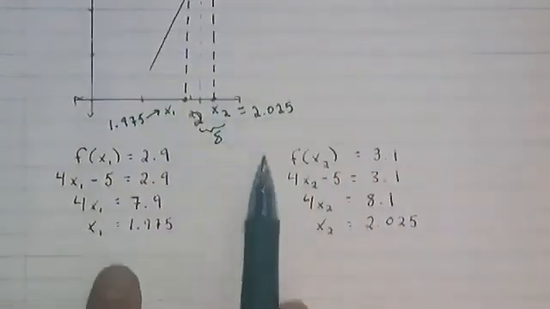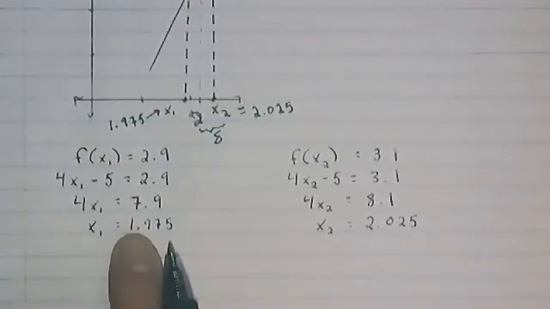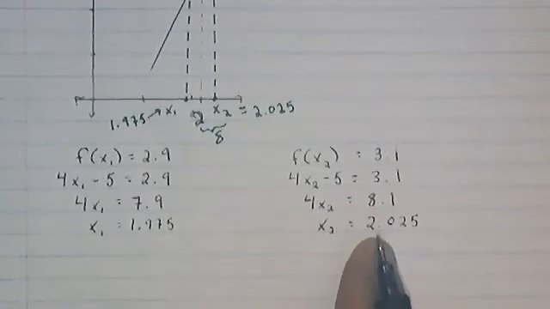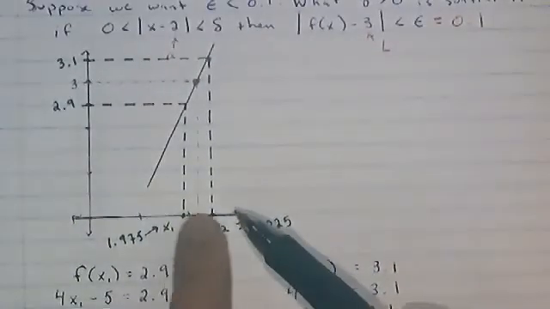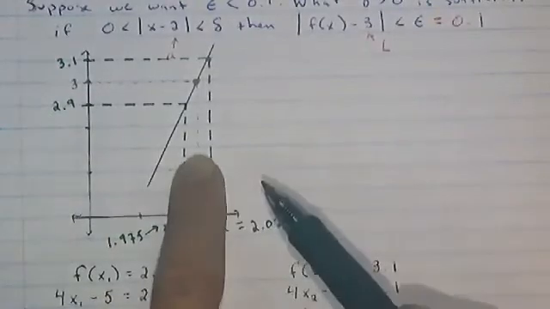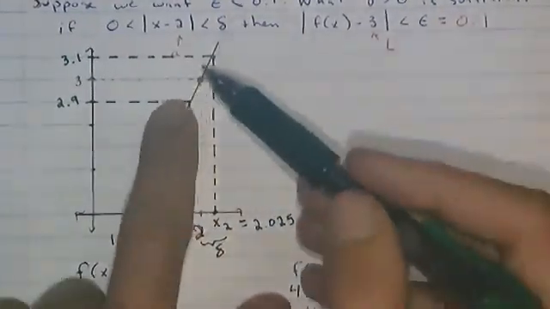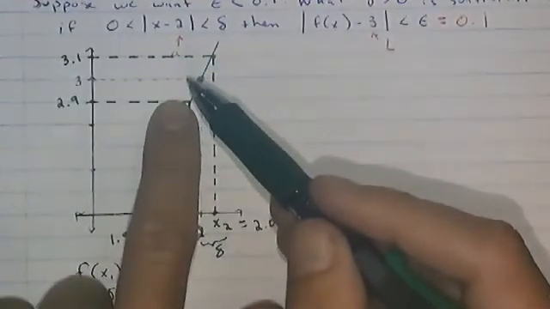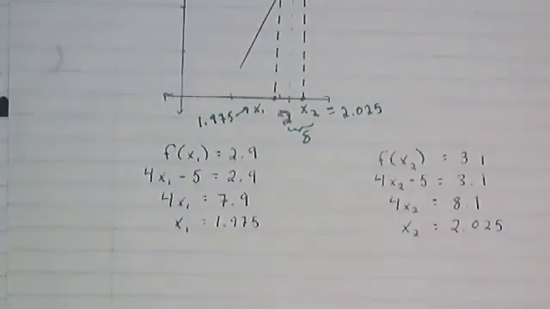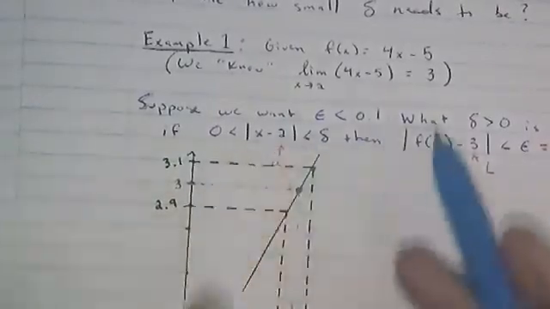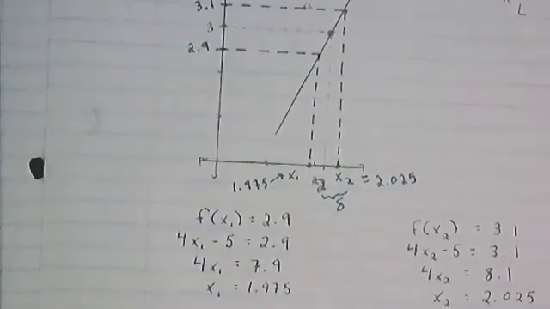If we are between 1.975 and 2.025 on the x-axis, and we'll test a couple points just to verify, that will produce a function value that is within 1/10 of 3. The way we can show that is, again, we want the absolute value of x minus 2 to be less than delta.